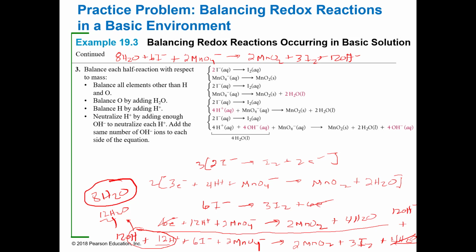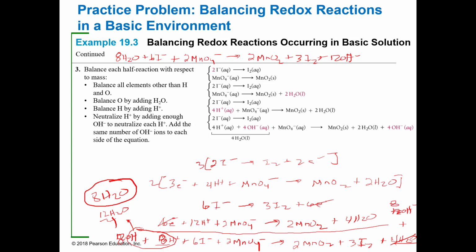Let's see. It's 8 hydrogen ions. Oops. Yeah, I made a mistake here. This is 8 hydrogen ions, not 12, right? I multiply that by 2. It's 8 hydrogen ions, not 12. So I need 8 hydroxides. Let's change this to 8.